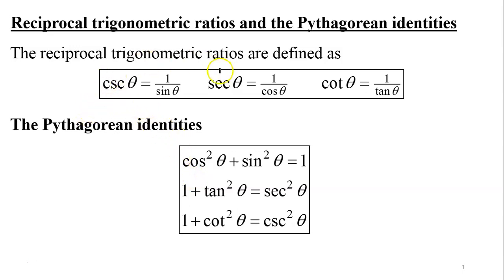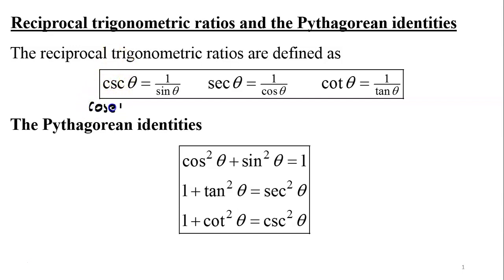Now, regarding the reciprocal trigonometric ratios, they're in fact the reciprocal functions of the main trigonometric functions that we know, which are sine, cosine, and tan. So the reciprocal of sine theta, which is 1 over sine theta, is in fact the cosecant function.